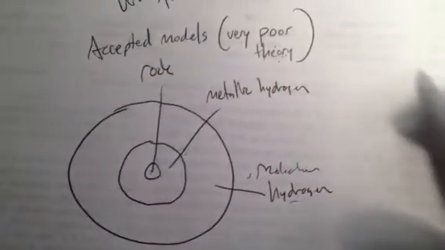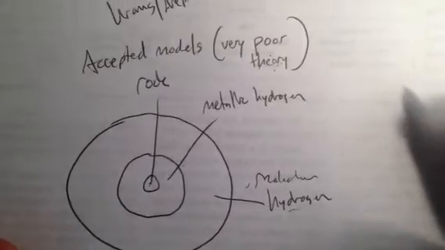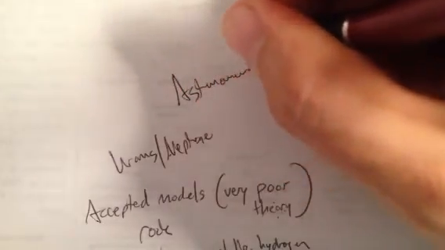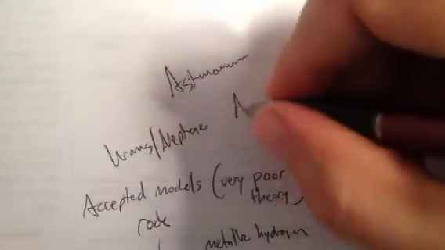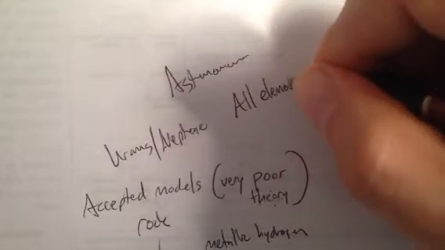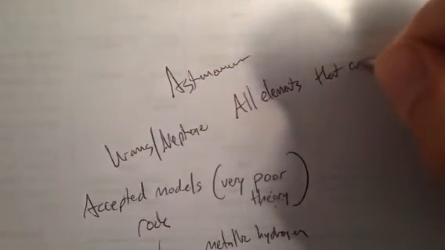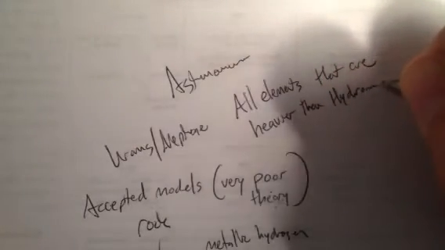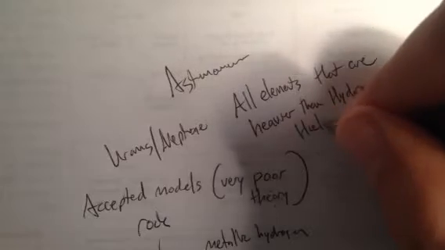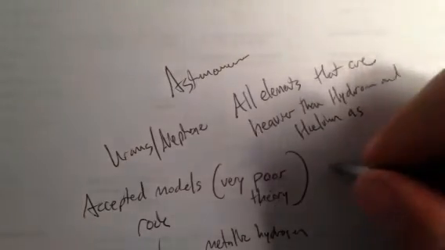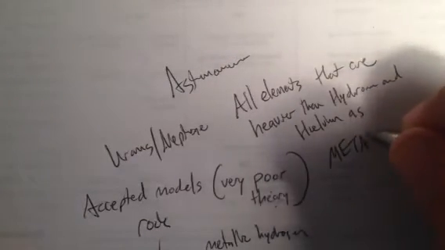But to outright ignore all the elements, the reason why they do that, and I think I nailed it earlier, is that astronomers classify all elements that are heavier than hydrogen and helium as metals.